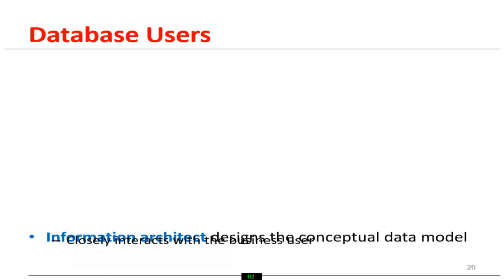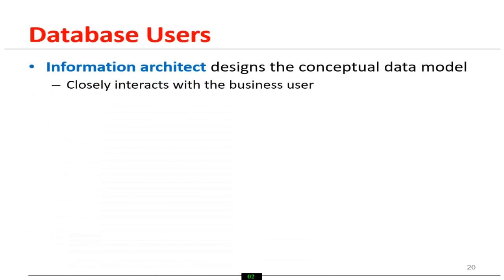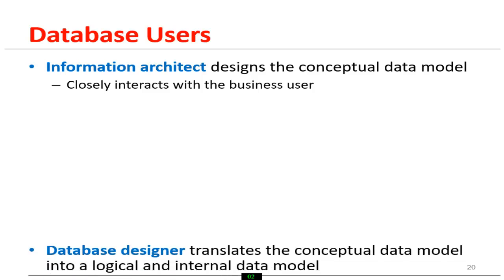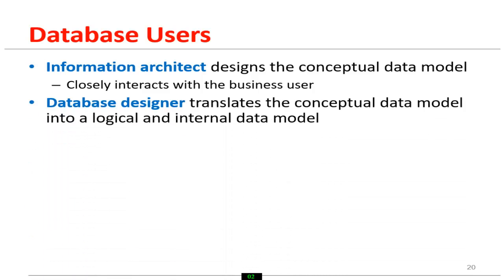Database users. Let's see the different types of database users. Information architect is the one who designs the conceptual data model. He or she closely interacts with the business user. Database designer, another database user, translates the conceptual data model into a logical and internal data model.